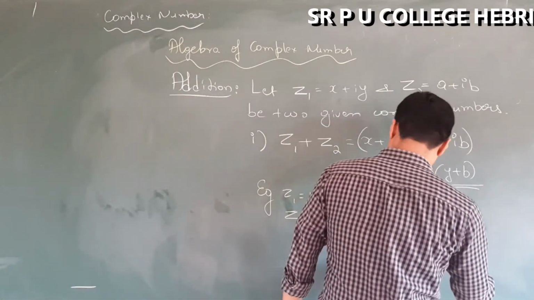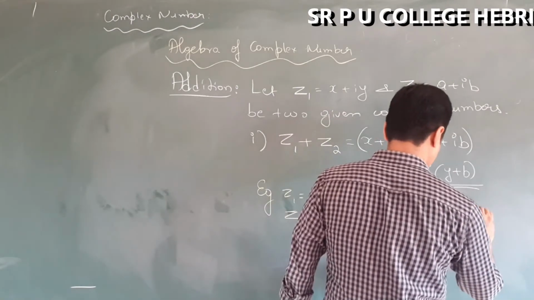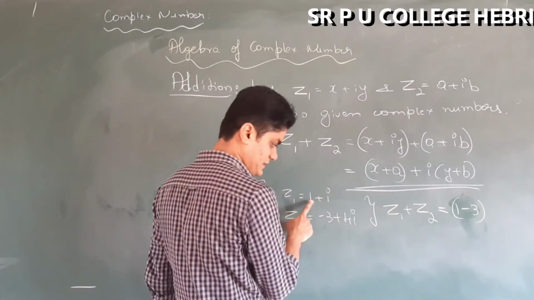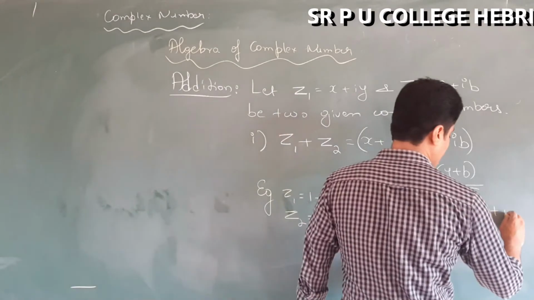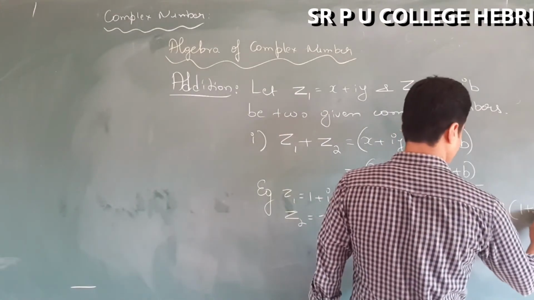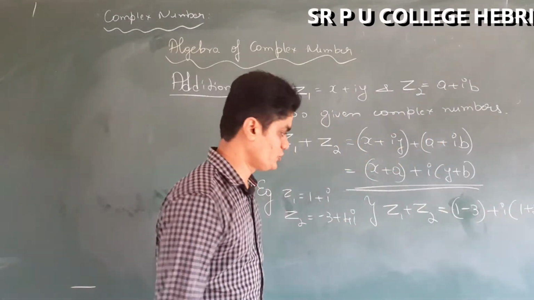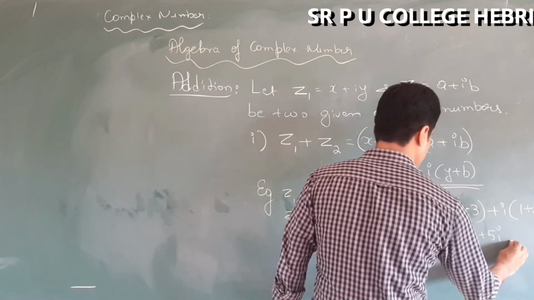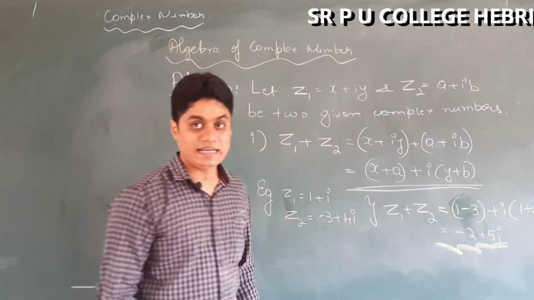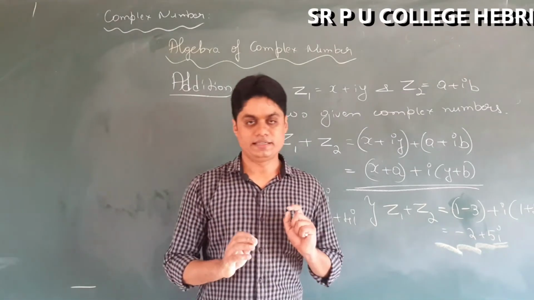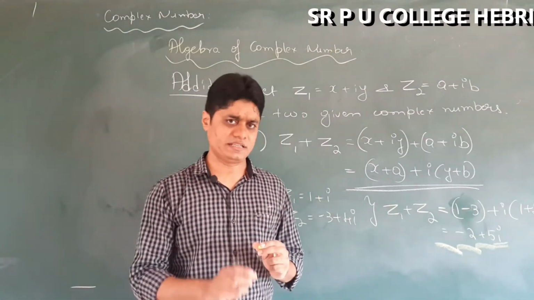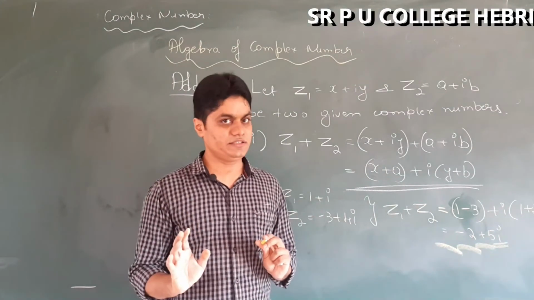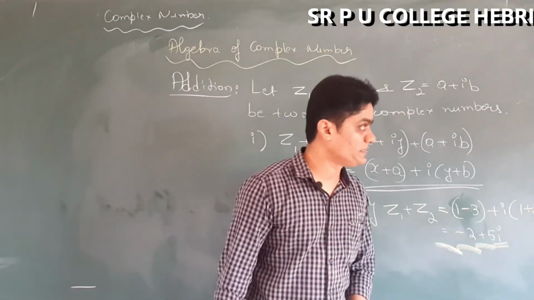Directly you can write, not an issue, but you are in the beginning, so better to first write in this pattern: real part, then plus i into imaginary part. So what is the answer? Minus 2 plus 5i. This is the addition. Adding the real part and adding the imaginary part and writing the final answer in the form of a plus ib. Got it? What I am telling?